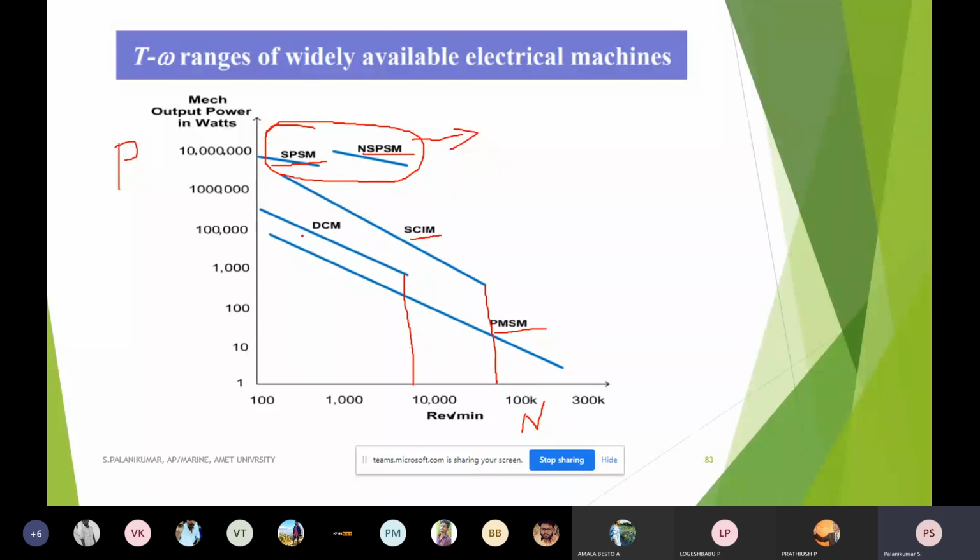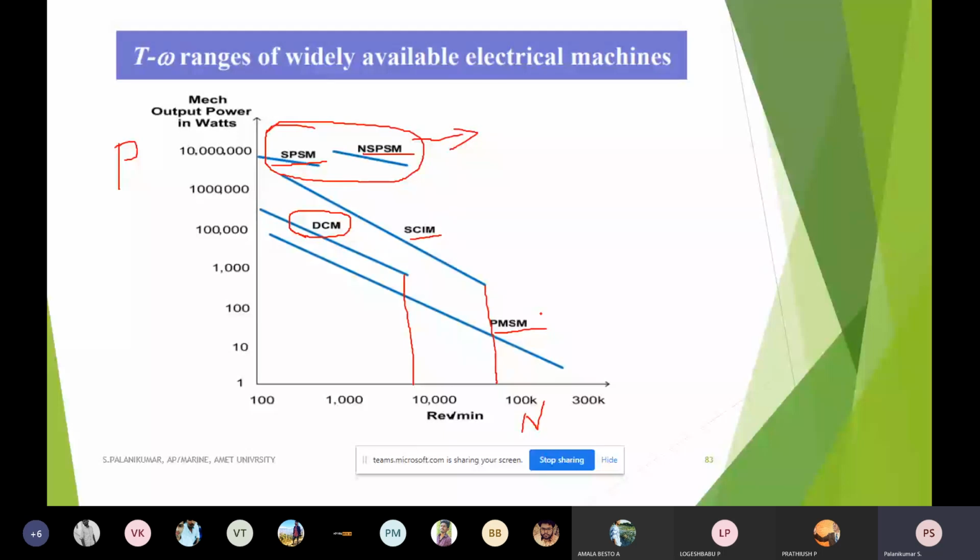So it is limited. I cannot design DC machines for more than 5,000 to 6,000 RPM. It leads to a practical problem: sparking very often, so as the speed increases I have to replace the brushes very often, and many maintenance problems come.